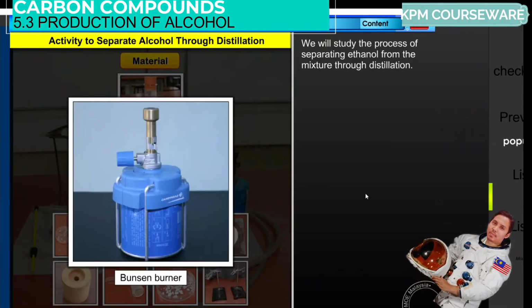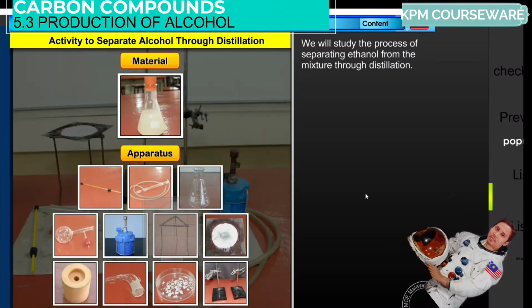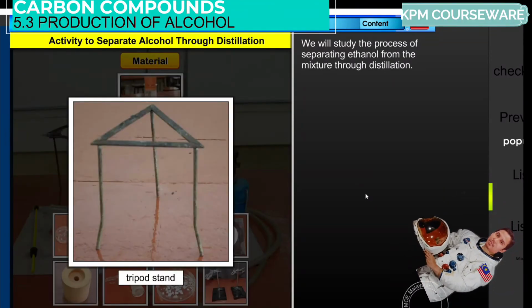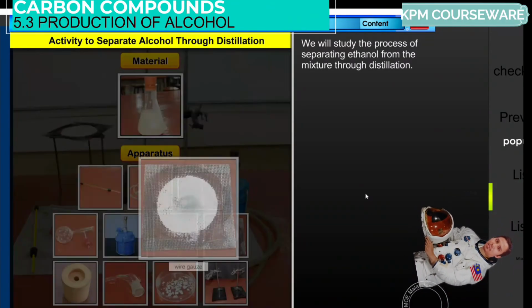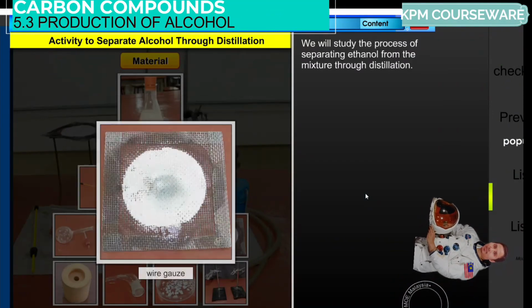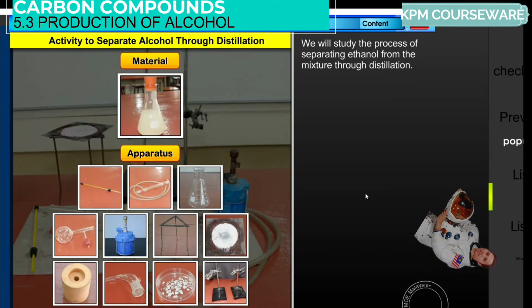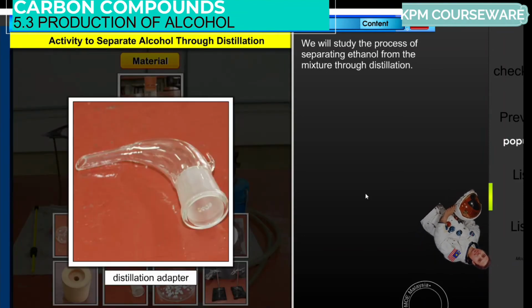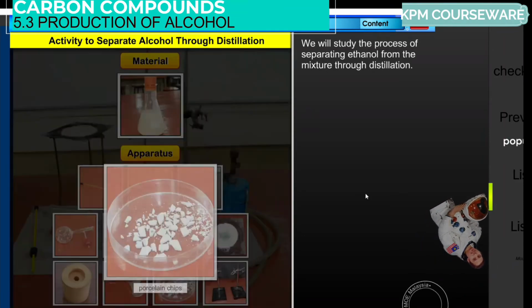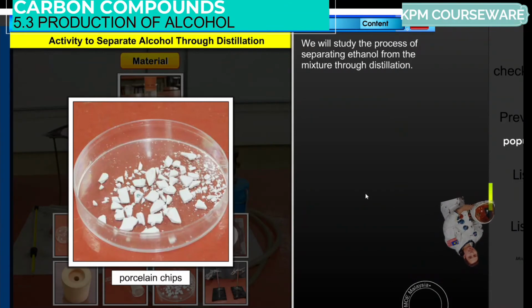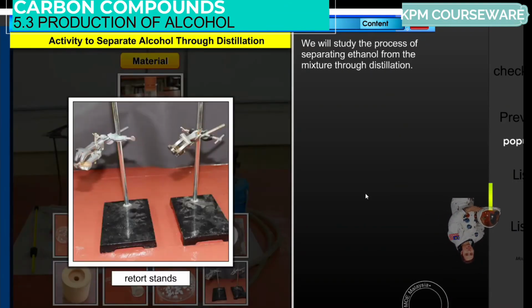Bunsen burner. Tripod stand. Wire gauze. One-hole rubber stopper. Distillation adapter. Porcelain chips. And retort stands.